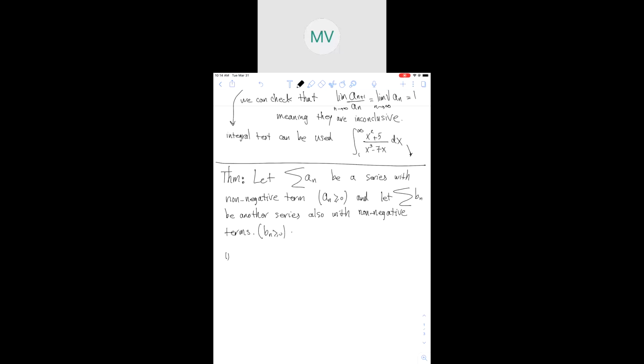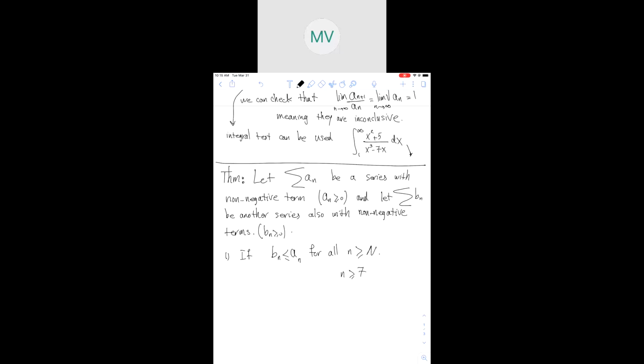Okay, part 1 of this theorem. If b sub n is less than or equal to a sub n for all n bigger than or equal to some integer N. Basically, it doesn't have to be true for all n; for example, it could start from 7.